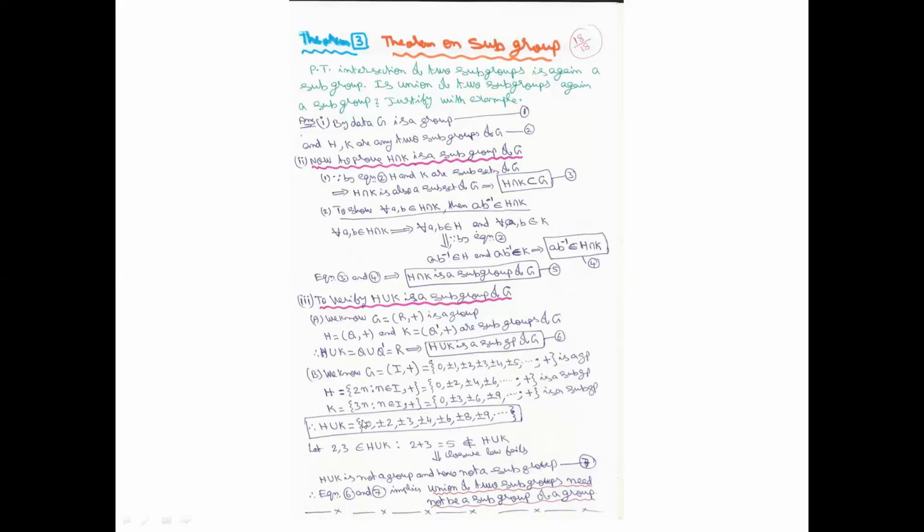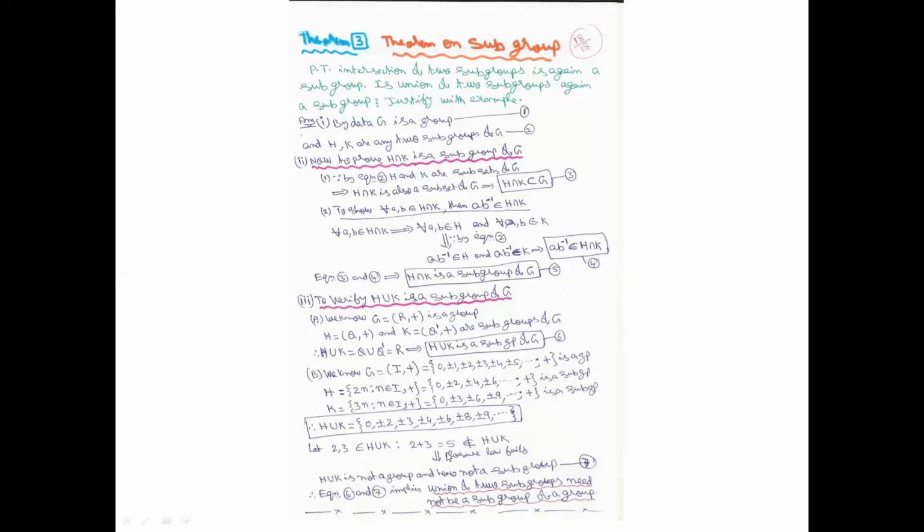Now we want to prove whether it is a subgroup or not. I will take two simple elements, 2 and 3. 2 and 3 are elements of H union K. Now take their sum, 5. Does 5 belong to H union K?